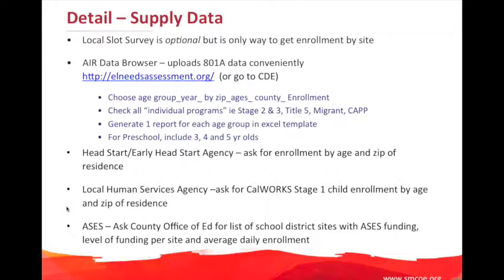The association pays for part of the subscription, and then the individual counties, according to their size, pay a small amount annually that helps us have this subscription. When we go there, we're going to choose the age group and the year we want to work with. We want to see it by ZIP, our county, and we're going to choose what we want to look for. In this case, it's going to be enrollment.